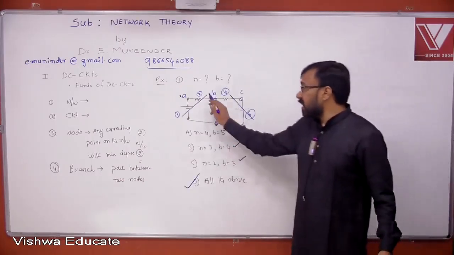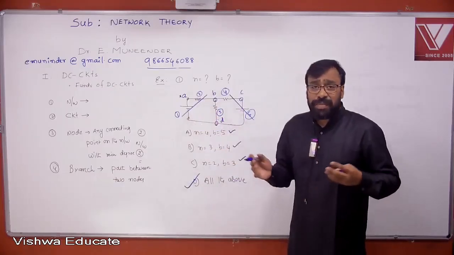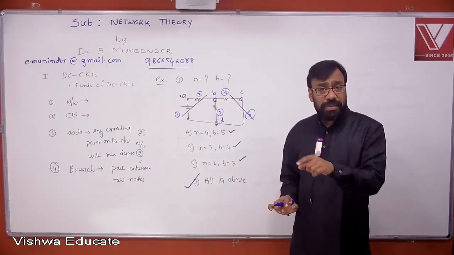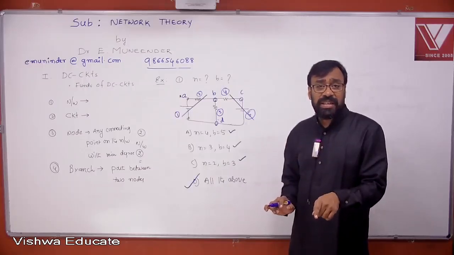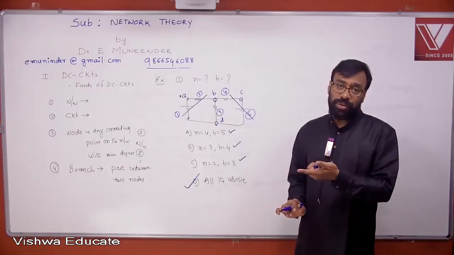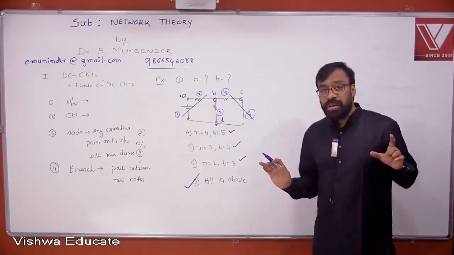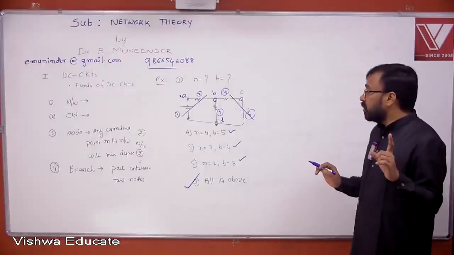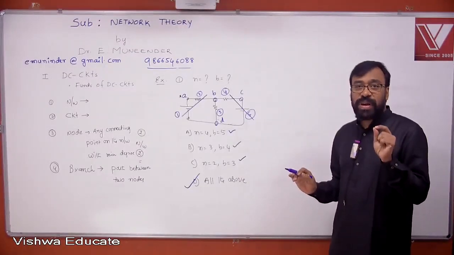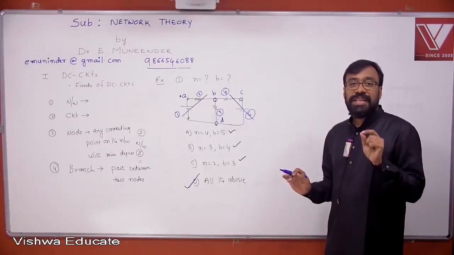If you treat each and every element as a branch, then you get one count. If you treat the two elements connected in series together as one branch, then you get another count. So the count of number of nodes and number of branches may not be unique, especially when there are series connected elements.